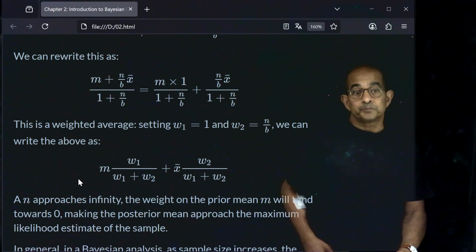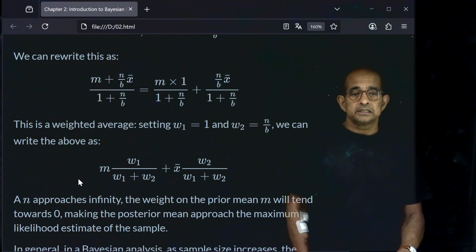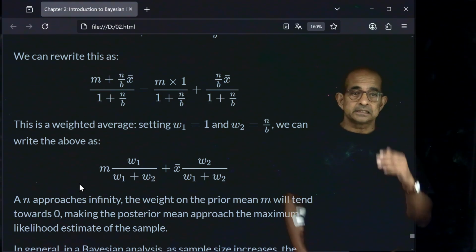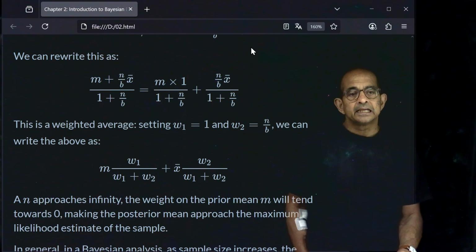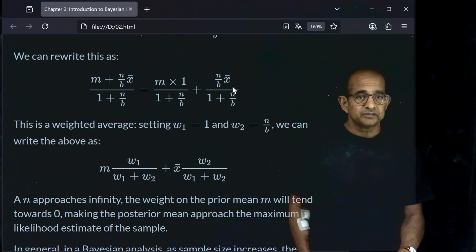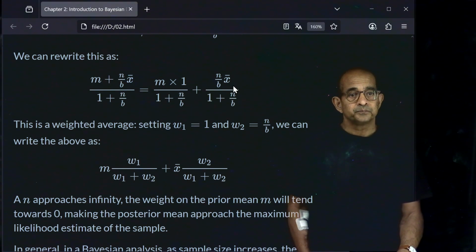The practical significance of this is very important. If n goes to infinity, as sample size increases, this term will start getting more and more weight. So the posterior mean will start depending almost exclusively on the sample mean, right?